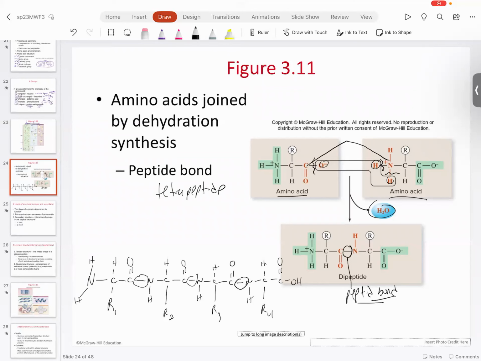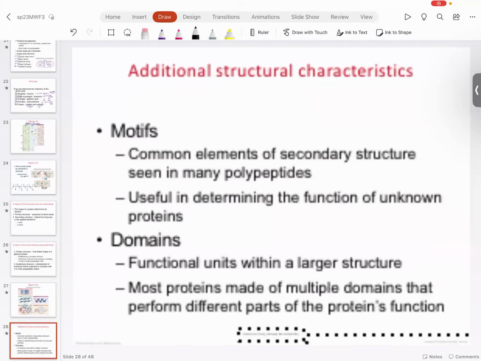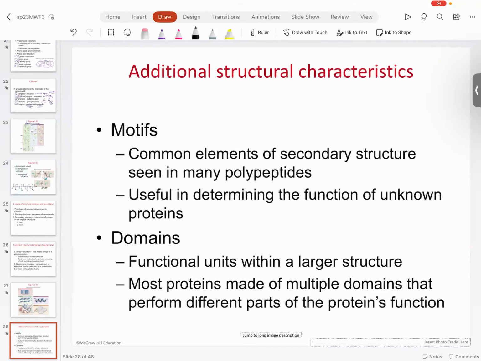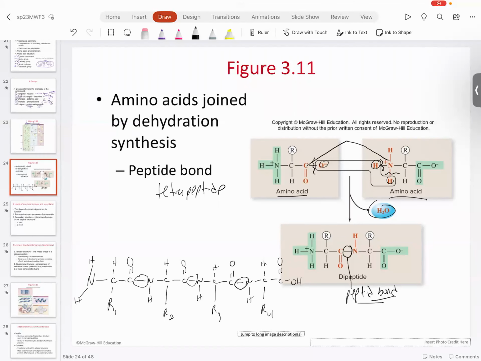Now, a couple of things that I want you to notice is that when you're taking a look at a long chain of amino acids like this, you notice there's a repeating unit. There's NCC, NCC, NCC, NCC. This is a repeating unit that you see. We call this the backbone.